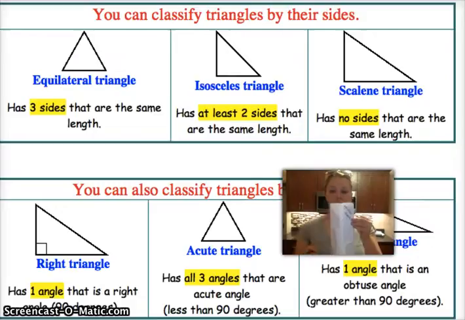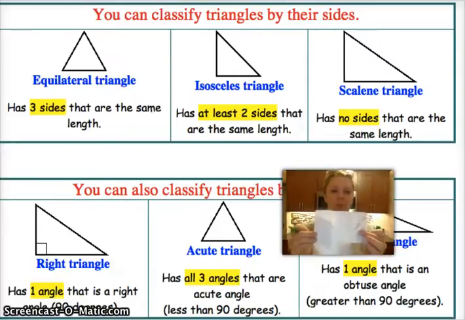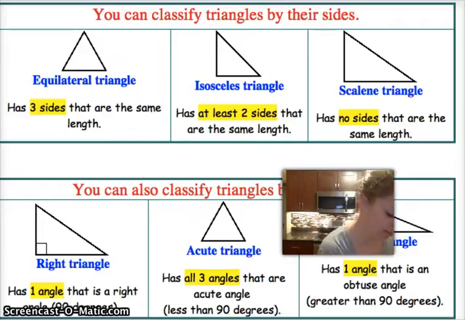You'll start with the label of the triangle that you're working on. And then on the inside flap is where you can put the attribute, like the attribute for equilateral triangle, has three sides that are the same length. I would write that right in there. Has three sides, same length.